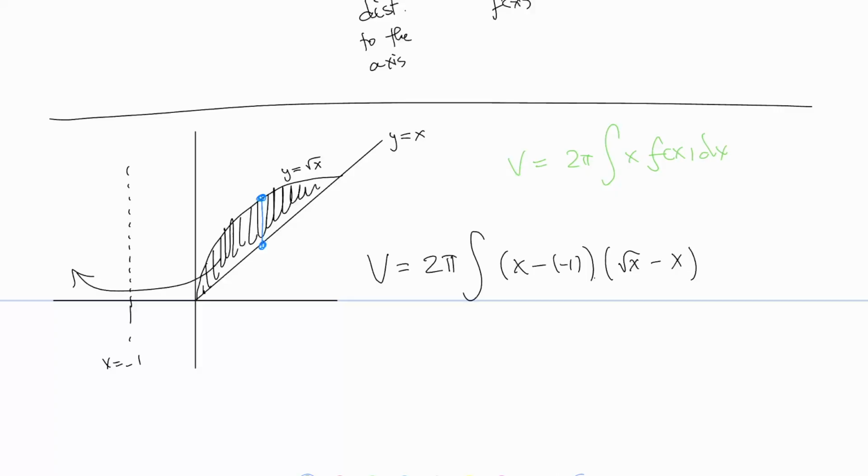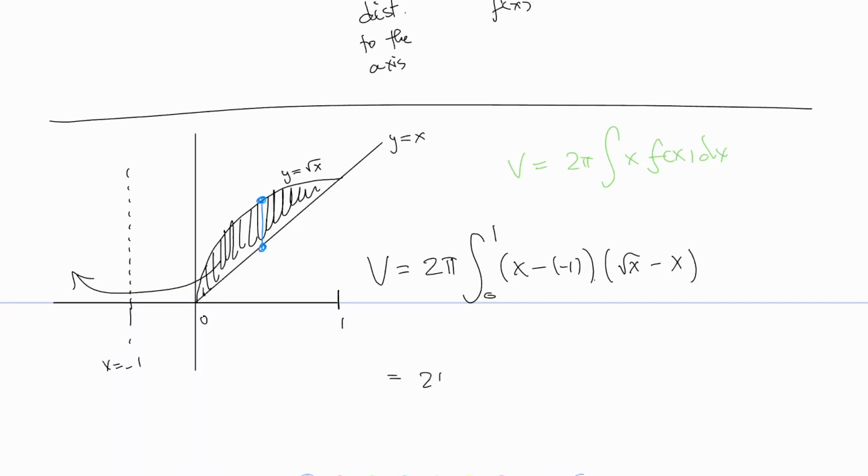What about the a and the b here? Apparently the inner point is 0. You have to think a little bit about what's the outer point. It's 1, the intersection of these two curves, which if you couldn't do it by common sense, you could set them equal to one another. I happen to know this is the number where x is equal to the square root of x, that would be 1 or 0. So it's going to be 0 and 1 like that.